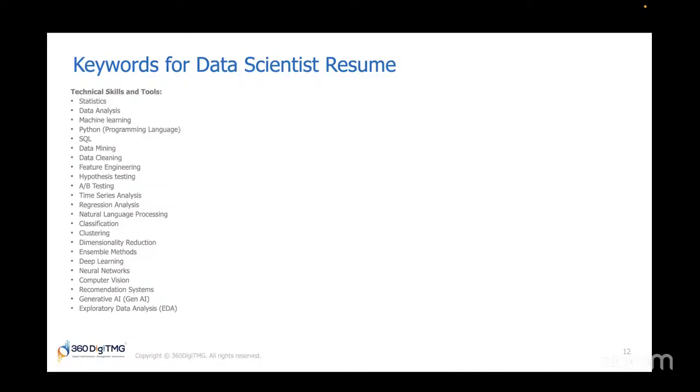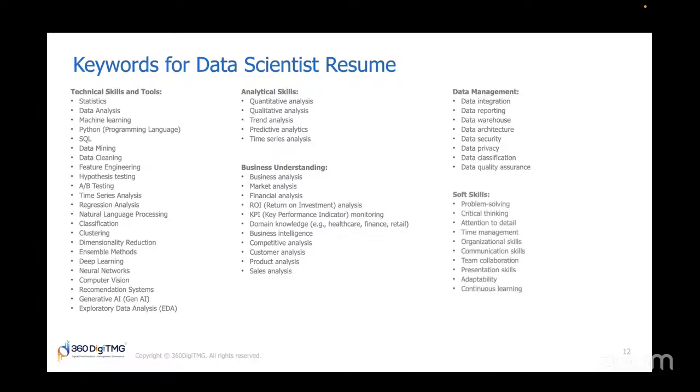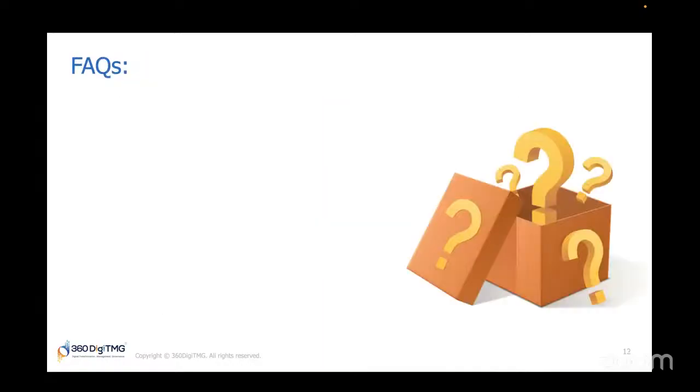You can use data mining, SQL, Python, deep learning, network analytics, generative AI, EDA. Some analytics skills you can also mention, like quantitative trend analysis, business understanding, data management, and soft skills like problem solving, time management, continuous learning.